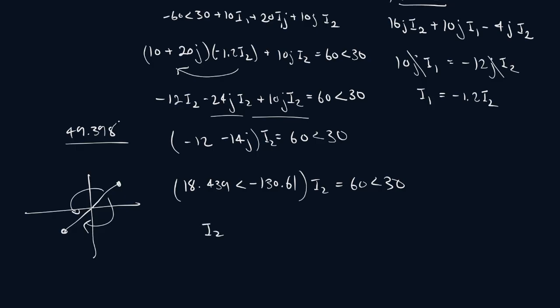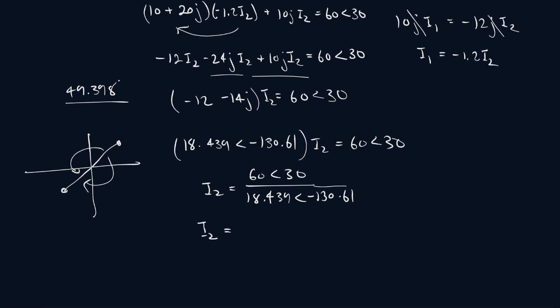So I2 will be 60 phasor 30 all over 18.439 phasor minus 130.61, and I2 will be equal to 3.2539.